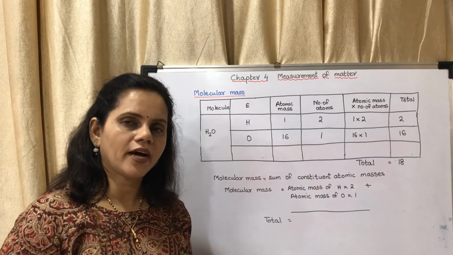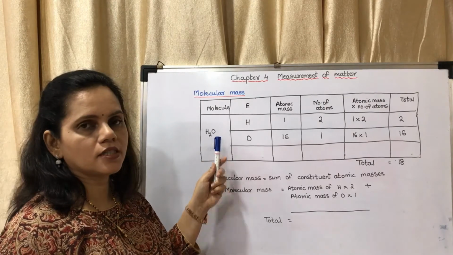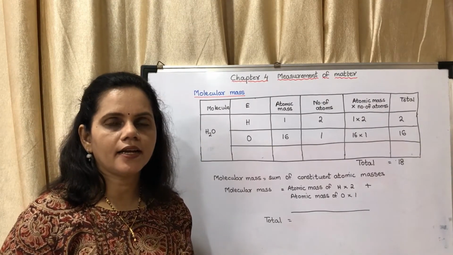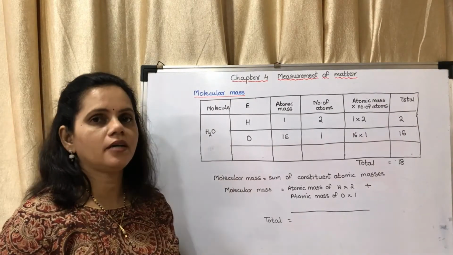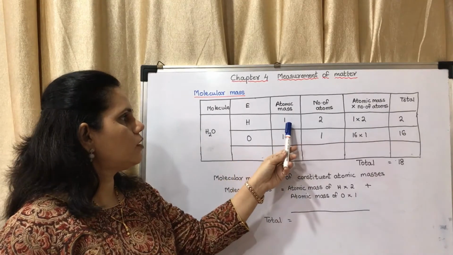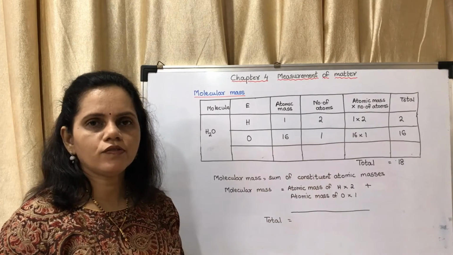How many atoms of hydrogen? 2 atoms of hydrogen. How many atoms of oxygen? 1 atom of oxygen. From where did the 1 come from? Because there is no number, and no number means there is 1. So, 2 atoms of hydrogen and 1 atom of oxygen.